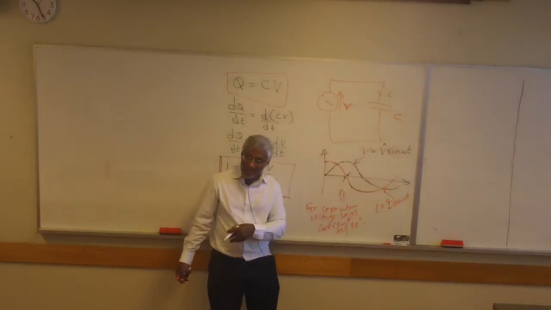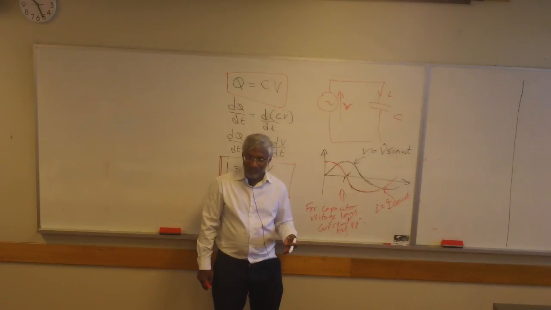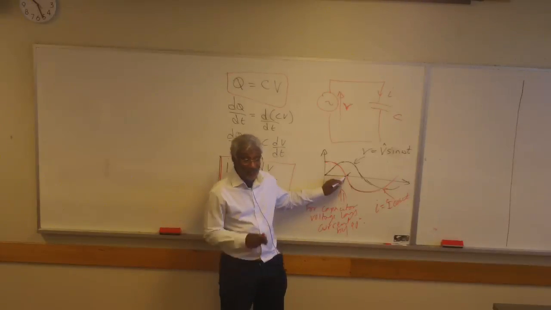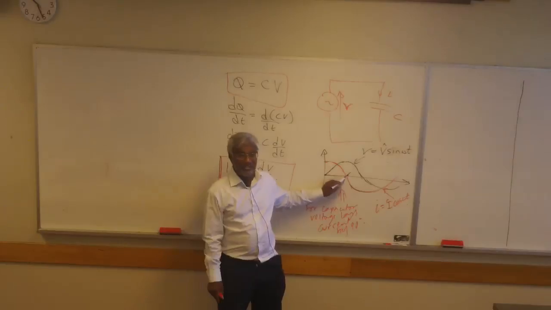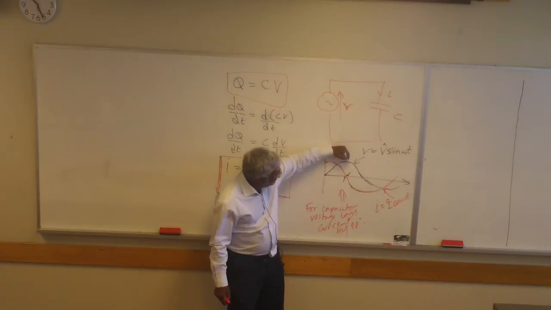If I'm neither charging nor discharging, what should the capacitor voltage be doing? The current is 0, therefore I'm not charging and I'm not discharging. So what should happen to the capacitor voltage? Just constant. And you can see this happening there.